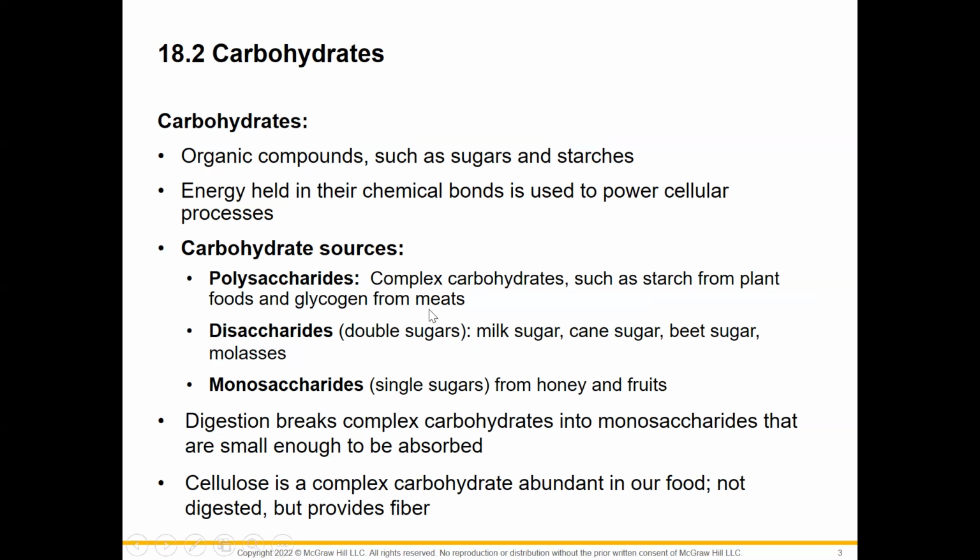You can also find polysaccharides in meat. Glycogen, we'll discuss this in a bit, is a shorter chain carbohydrate that is found in muscle cells. For those of you who are athletes or have been athletes in the past, your coach may have told you to eat a big carbohydrate-rich meal.